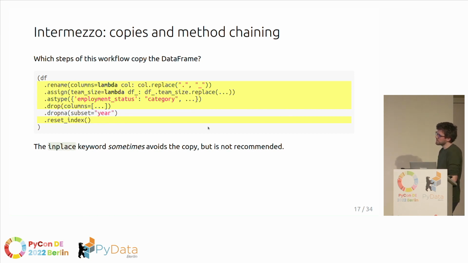Another argument is that the inplace keyword is currently implemented in many places in Pandas, but also in many places where it's actually not doing anything in place. It's just internally copying the data frame and then copying the underlying data and replacing inside the Python object, the data frame object, just replacing the data with the new data.